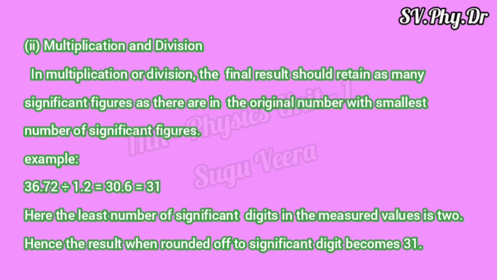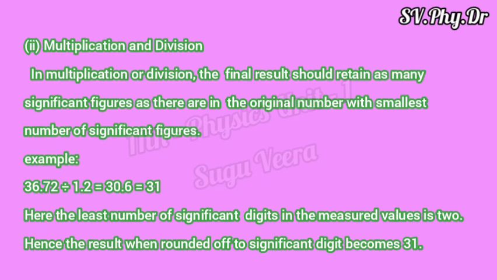Second point, multiplication and division. In multiplication or division, the final result should retain as many significant figures as there are in the original number with the smallest number of significant figures.